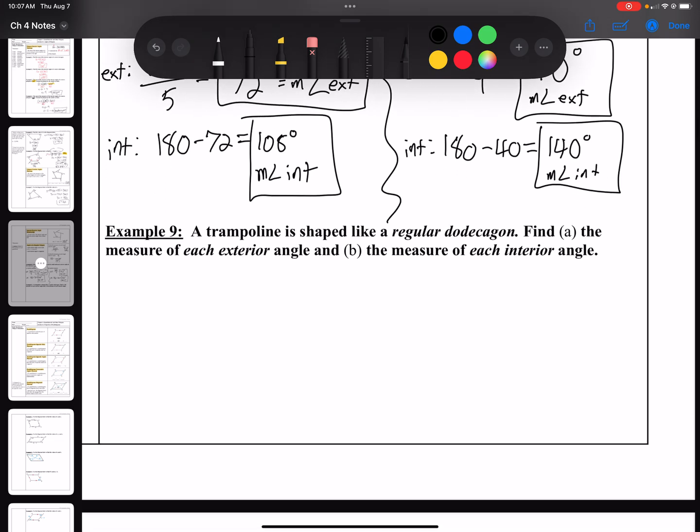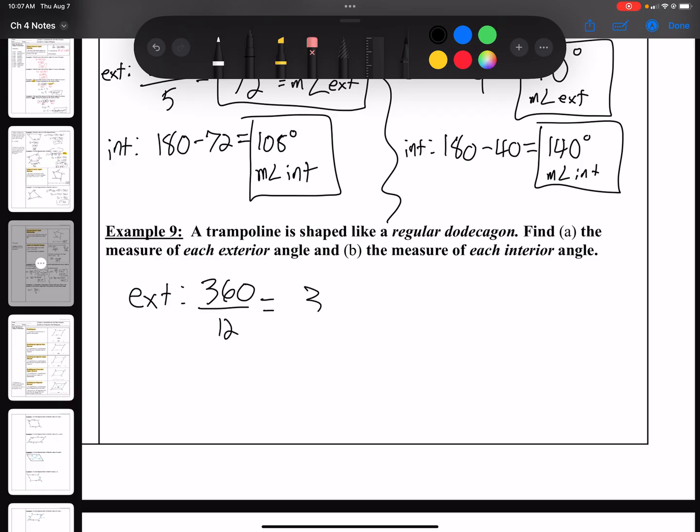Example 9. A trampoline is shaped like a regular dodecagon. Find A, the measure of each exterior angle, and B, the measure of each interior angle. Okay, well, this is pretty much the same thing as the last problem. A dodecagon has 12 sides. So all I need to do to figure out the measure of each exterior angle is divide 360 by the number of sides.